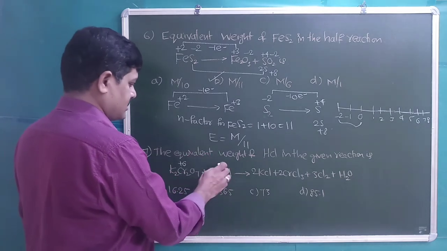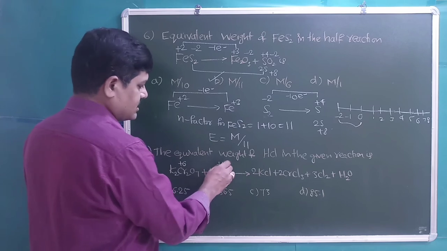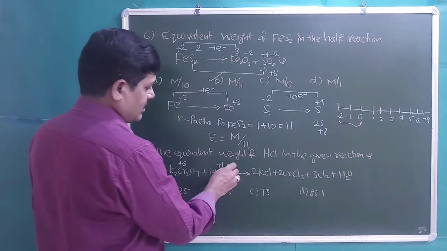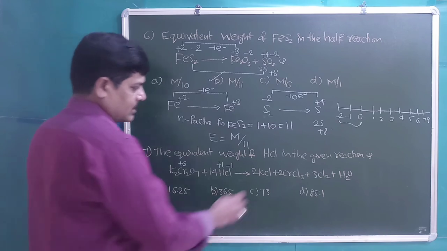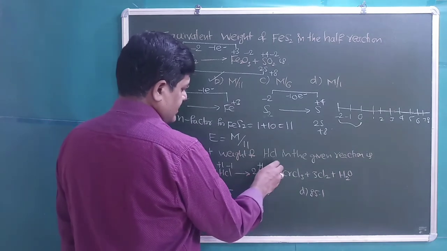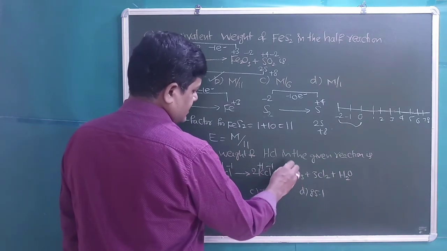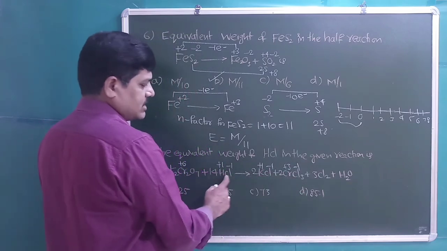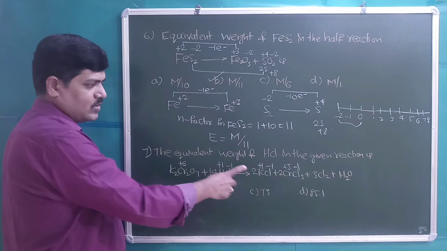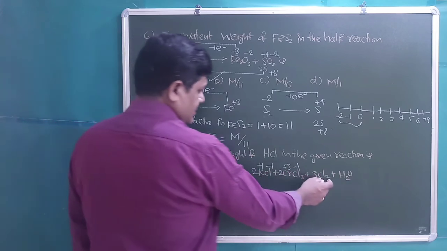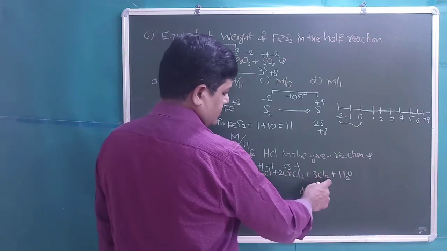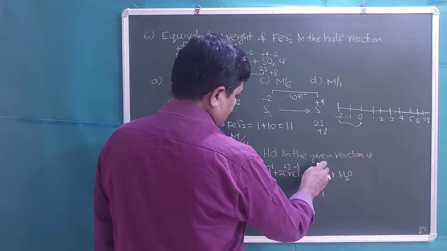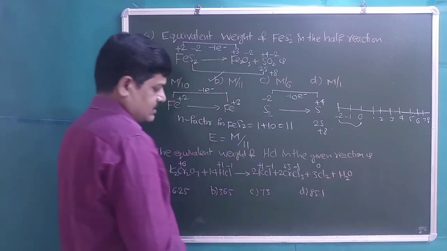14 HCl is given. Hydrogen oxidation state is +1, chlorine oxidation state is -1. Here +1 -1, here +3 -1. So for all these chlorines, there is no change in oxidation state. But for these 6 chlorines, 3 into 2 is 6 chlorines, the oxidation state is 0, right?